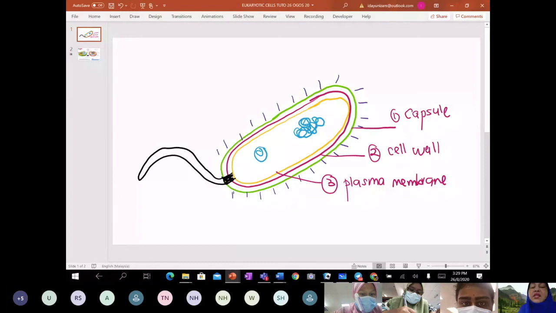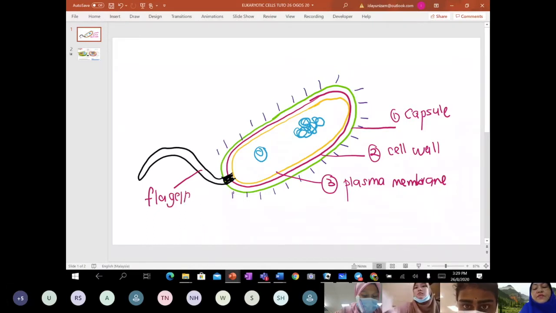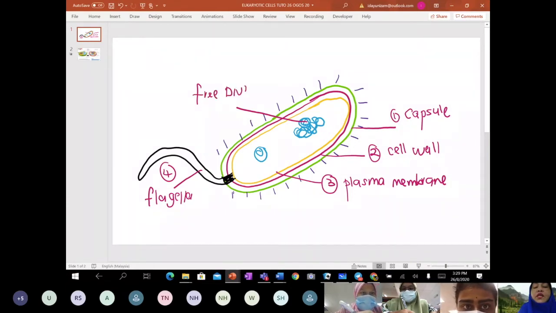Then next, the fourth structure the teacher wants you to know. For the prokaryote to move, it has a special structure known as flagella. So this is the fourth structure. Next, the fifth structure. Teacher would like you to identify this blue color. So this is the free DNA.